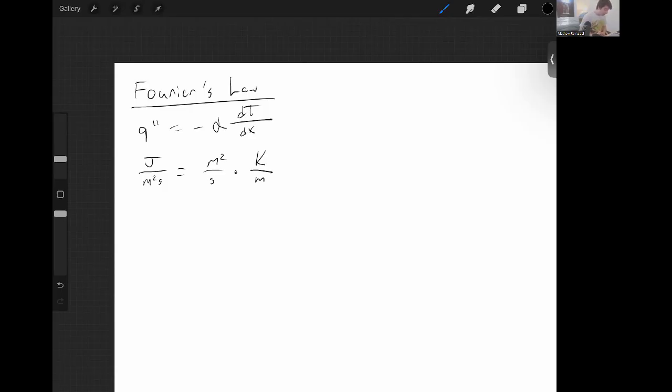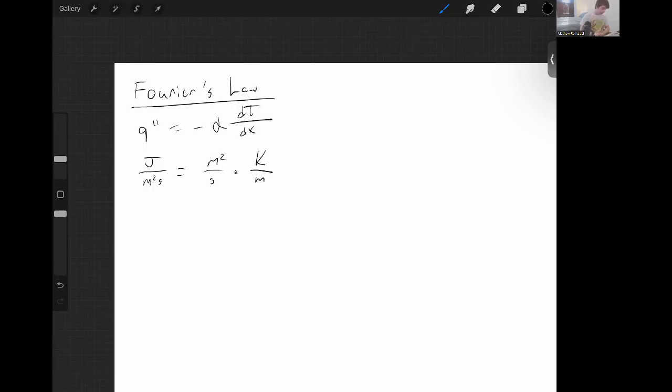For heat flux, this is energy in regards to a surface area and time, so how much energy is moving through a distance. And then we have our diffusivity, which is just how quickly something is moving across an object. And we have our temperature gradient, which is a change of temperature over a change of distance.